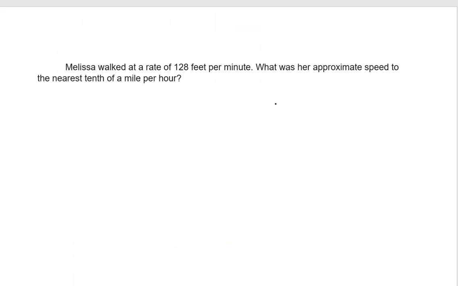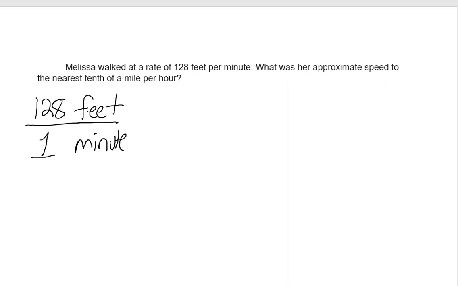All right, we're going to do one more example. Melissa walked at a rate of 128 feet per minute. So there's my starting speed that I'm going to write as a fraction, 128 feet per 1 minute. And then I'm going to come down, I'm going to leave room for my conversion.